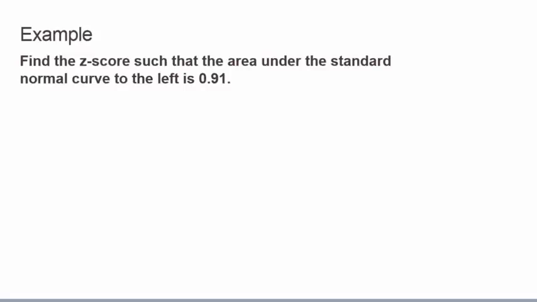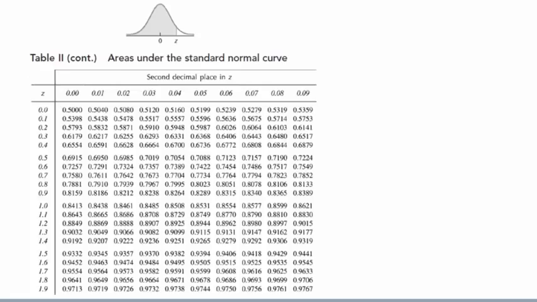Example: find the z-score such that the area under the standard normal curve to the left is 0.91. So I draw a standard normal curve with the shading to the left of my line. I have a couple of options to find this value. One is using my table. When I use my table, I have to look for the area. So I'm looking for 0.91.